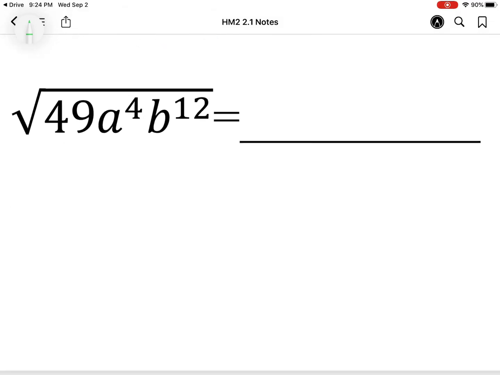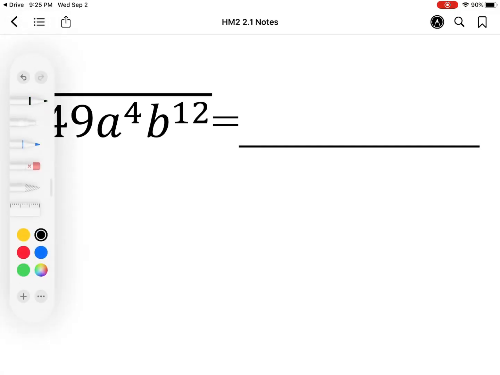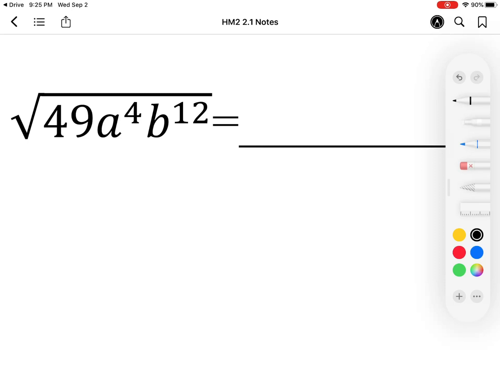So let's hit, I want to do this one at the bottom with you. So we're going to take it one step at a time, and we're going to split it up. So we've got this part, this part, and that part.